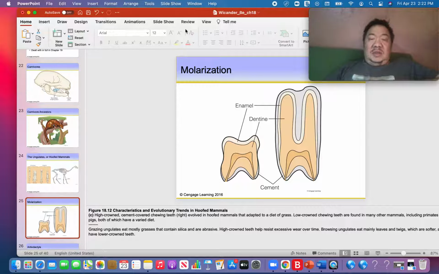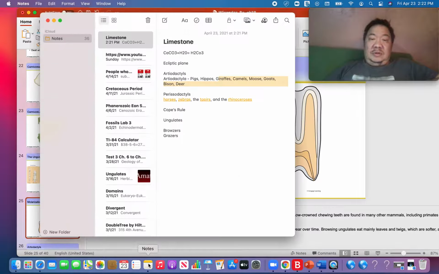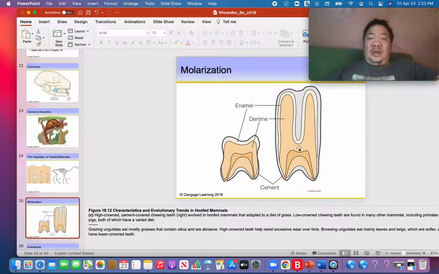There's a big difference between ungulates that eat leaves, which we call browsers, and ungulates that eat grass, which are called grazers. If you look at animals like the koala bear or sloths or tapirs, they eat tender leaves off of trees, so they have this type of tooth, called a low crown tooth.